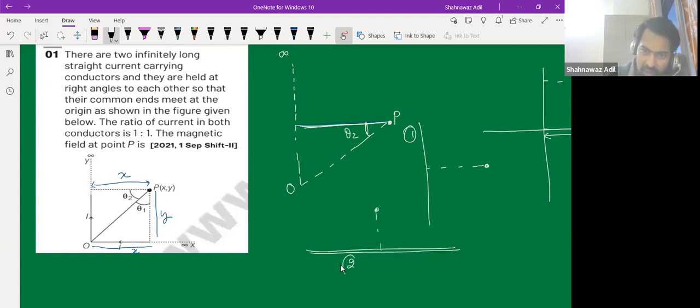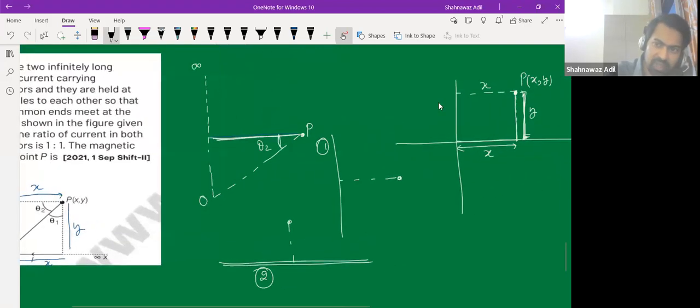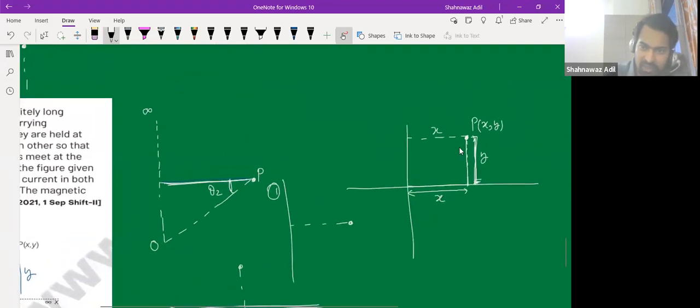We are separately calculating the contribution of each wire. Let's say we are taking this OY wire, and we want to calculate what is the magnetic field. That is what we are doing, and we were discussing what these distances are.